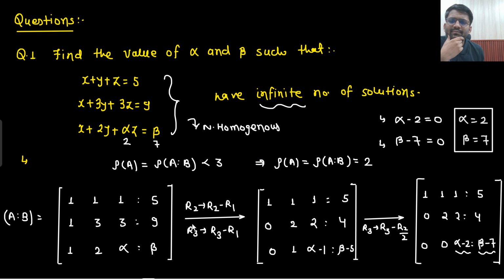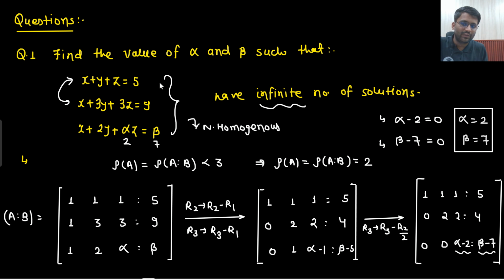What we can see is that if we add both of these equations and then divide by 2, x plus x will become 2x, 2x divided by 2 will be x. 3y plus y will become 4y, 4y divided by 2 will become 2y. 3z plus z will become 4z, 4z divided by 2 will become 2z. 9 plus 5, 14, 14 divided by 2 will become 7.